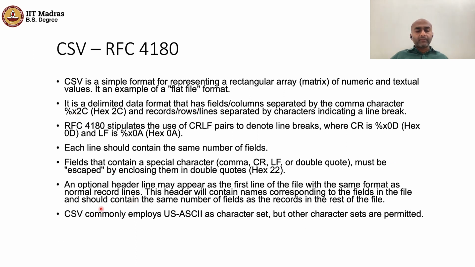And then finally, the entire CSV format commonly employs the ASCII character set, and especially so for the special characters, you have to use ASCII for it. But then you could also use other character sets for the field values, not a problem, right? You could use Unicode for being able to store Hindi text as part of the CSV. That's perfectly fine, not a problem.